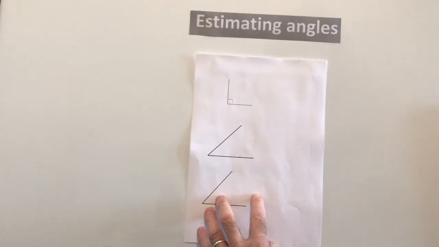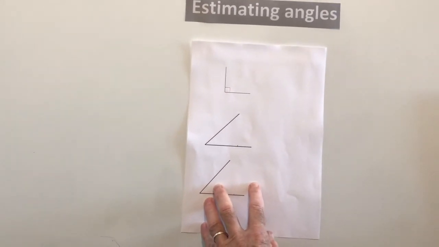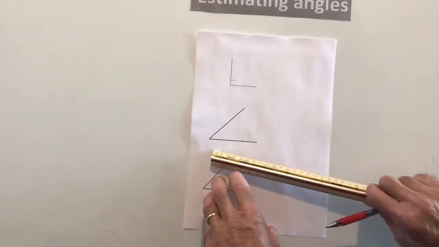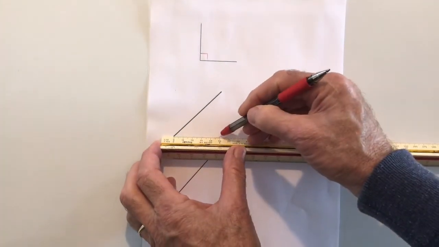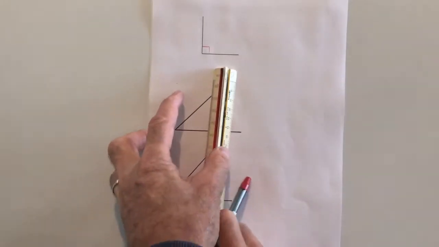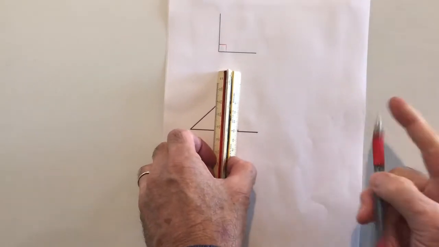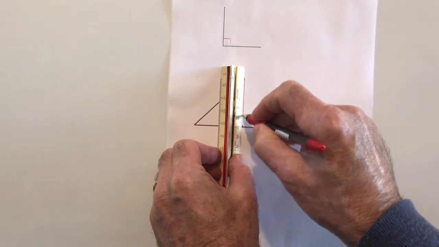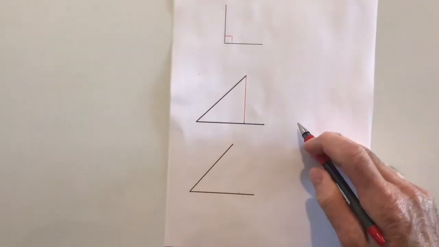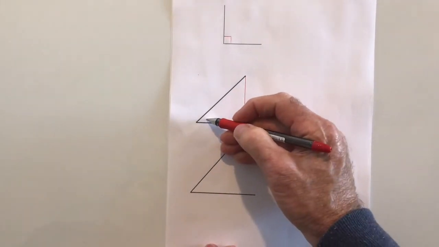When I'm looking at this one, I'm thinking that must be close to 45 degrees. What I do is I can have a look at 5 centimeters this way, and if I measure 5 centimeters up that way, I should actually hit the ray, and I will know that this is 45 degrees.